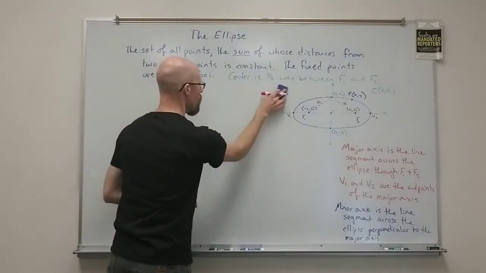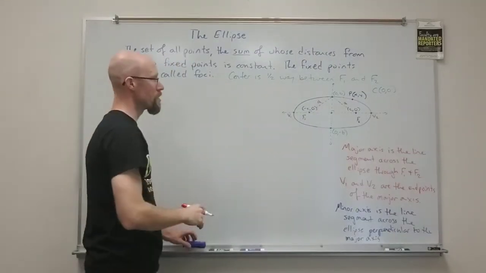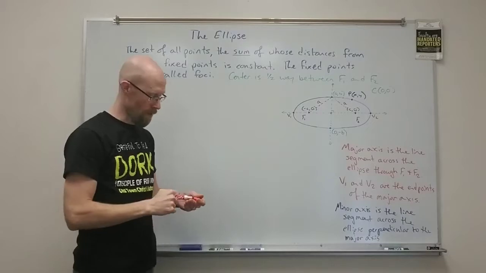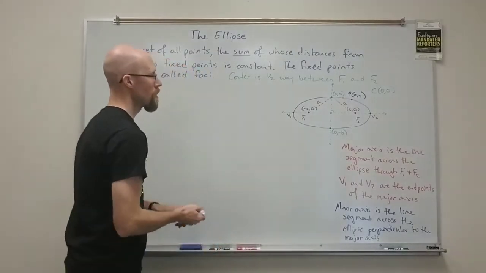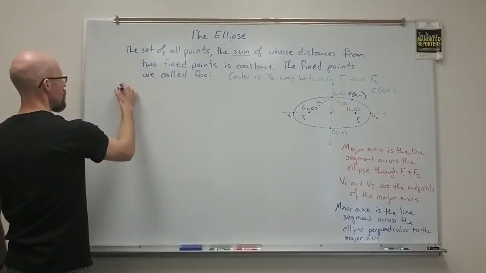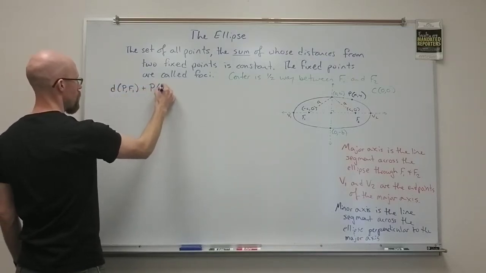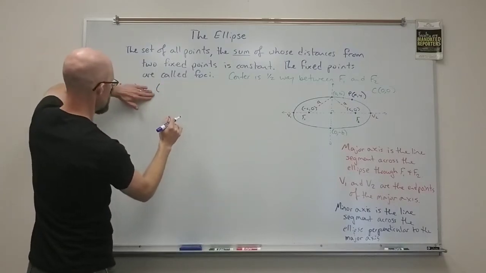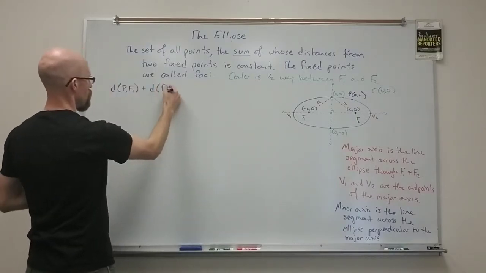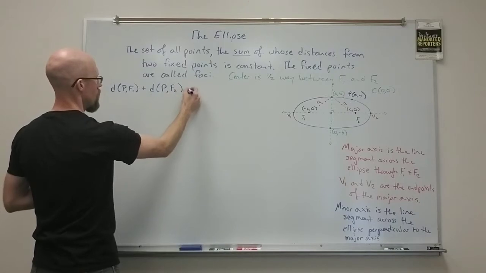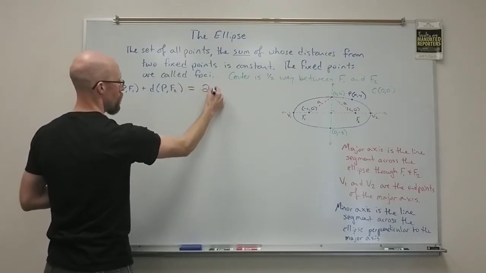But I do know what the distance is. It's 2a. So that means the distance from P to F1 plus the distance from P to F2 must equal 2a.